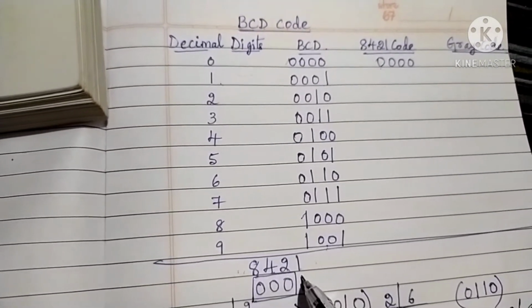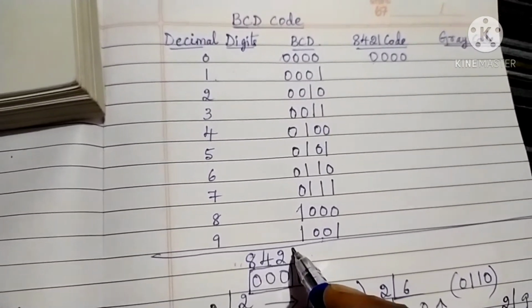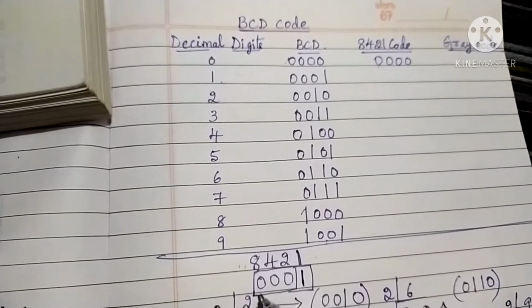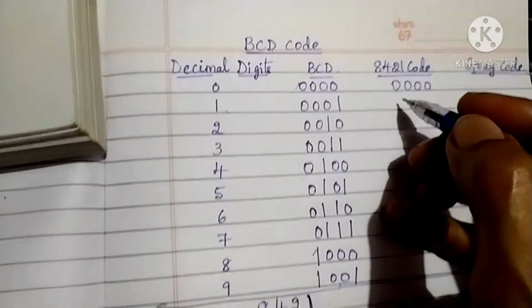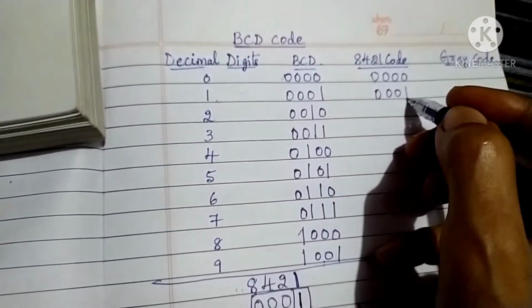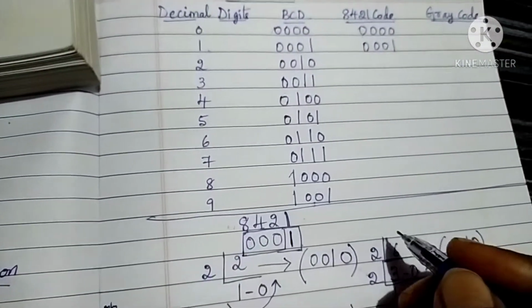Since I am representing the decimal number 1, I need to enable only this one. So it has created a set of values, that is 0001. This is another method. You are going to get the same answer.